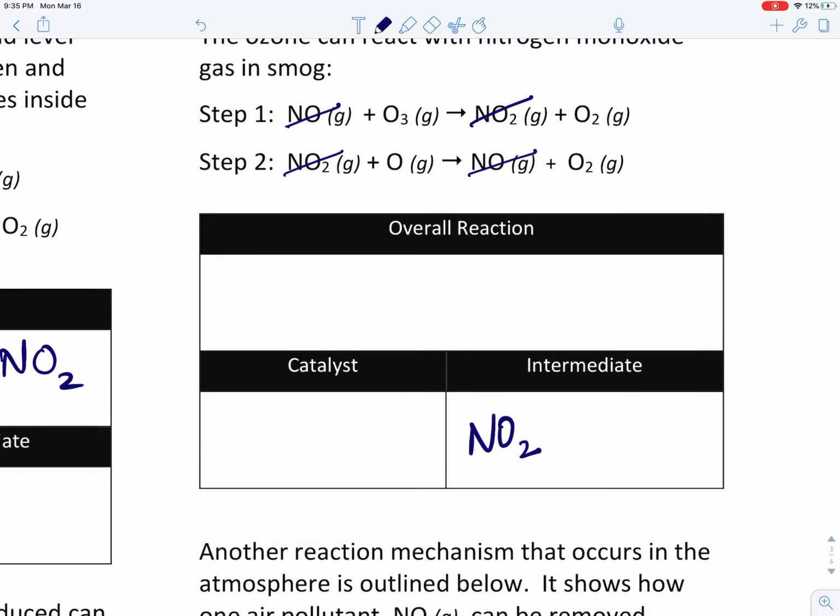So that's the opposite situation. If you're a reactant and then later a product, you are a catalyst. I think that's all that cancels out. So the overall reaction is whatever's left. The ozone reacts with oxygen atom and produces two oxygen molecules.